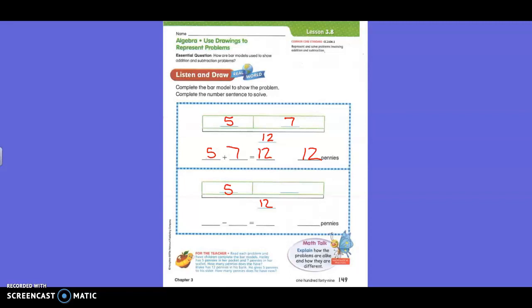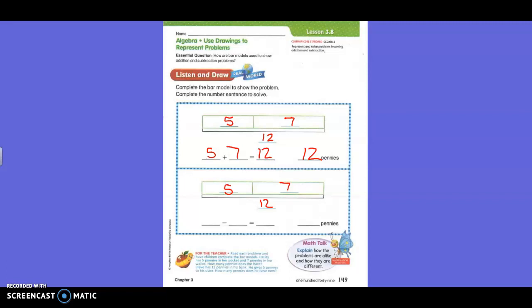Or what would he have left? Brandon? 7. Okay, it's the same as the top, isn't it? Except we just had a different word problem for it. Now I need you guys to help me figure out the number sentence on the bottom. Lene, can you tell me what number would go first on a subtraction problem?